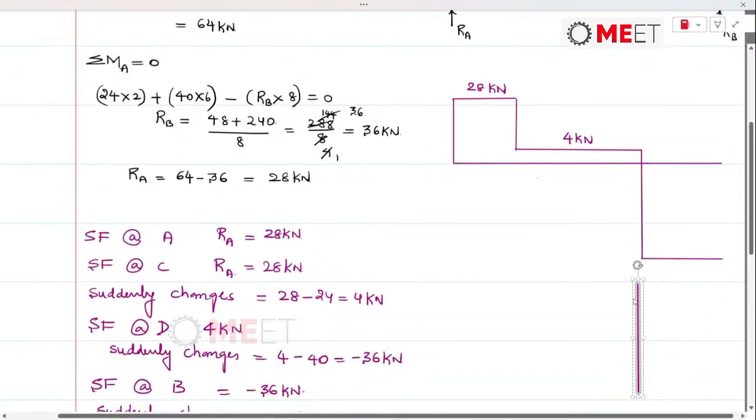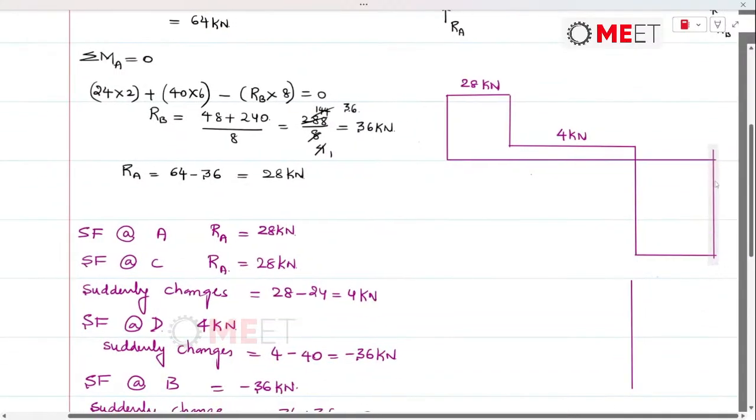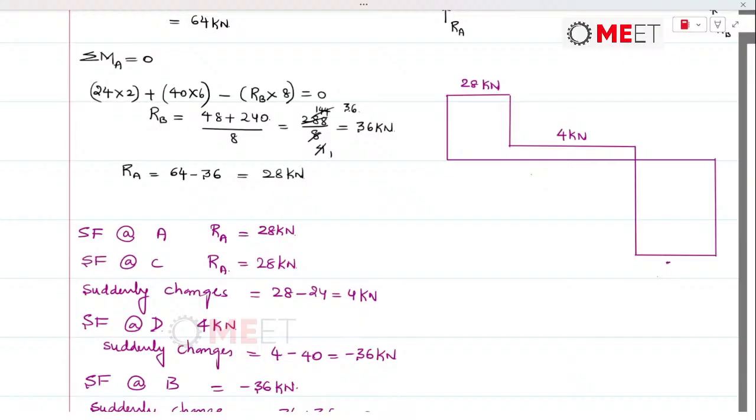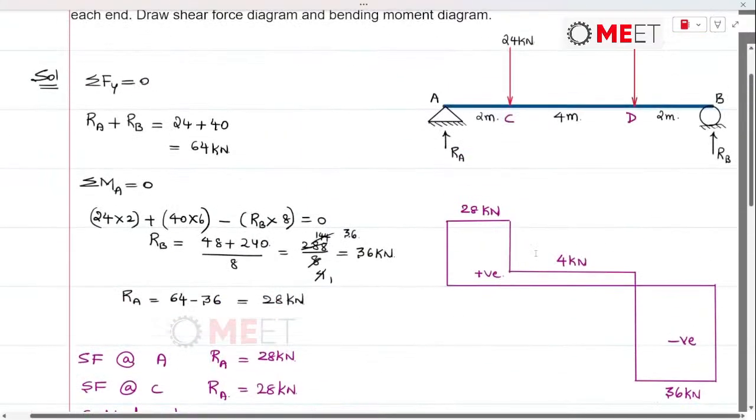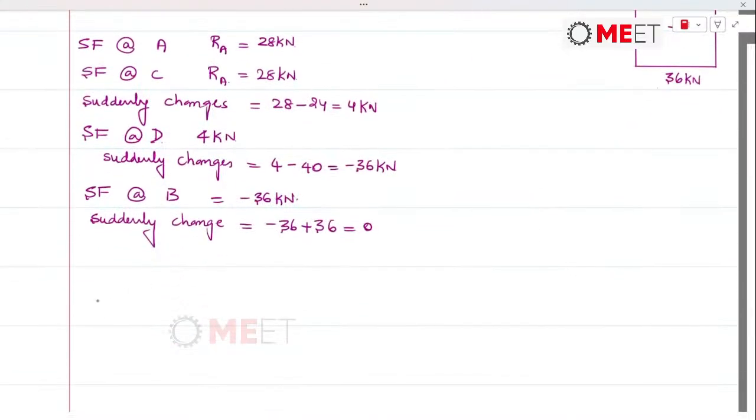So let me just draw the line. So at point B it becomes 0. This is 36 kilonewtons negative. This is positive.